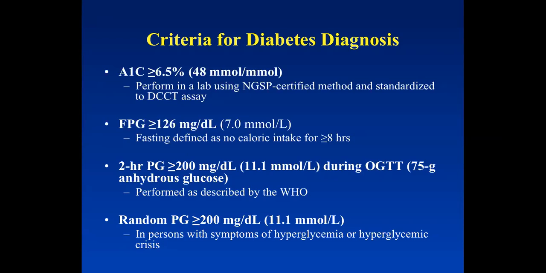The 75 grams should be anhydrous, where you don't have any water molecules attached to the glucose. So when you advise the patient to buy the glucose, or when you weigh the glucose, you have to find out whether this is actually anhydrous glucose.